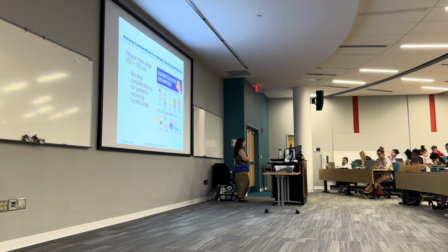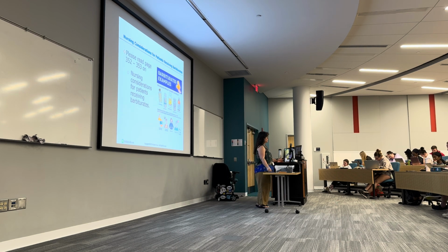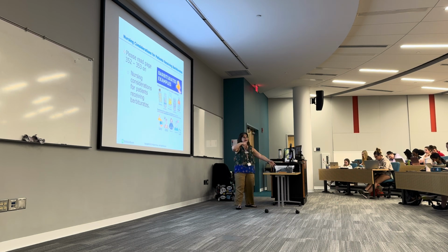So nursing considerations. You're going to read the nursing considerations on pages 352, 353 on your own. But we already talked about that. So what kind of assessment are you going to be doing frequently? A neuro assessment, right? Also maybe a neuromuscular or musculoskeletal assessment, gait, to see if they can move properly.